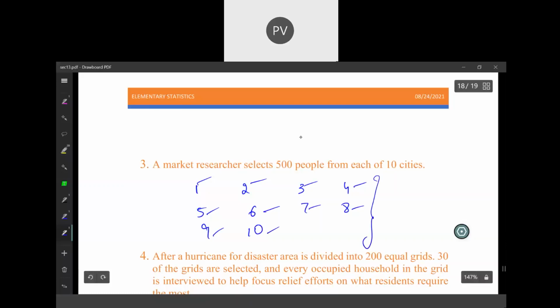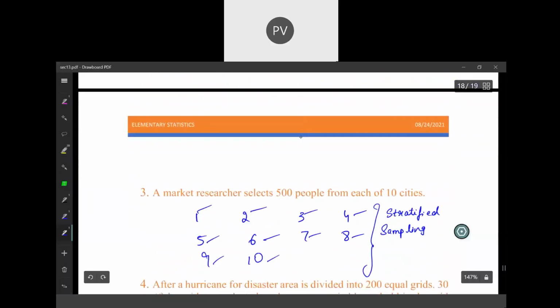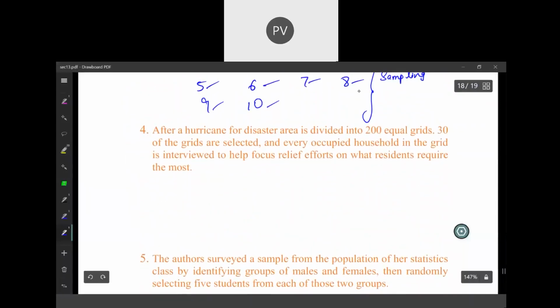Remember, the whole population is divided into 10 cities, and then they are choosing 500 people randomly from each group. That will be called stratified sampling.